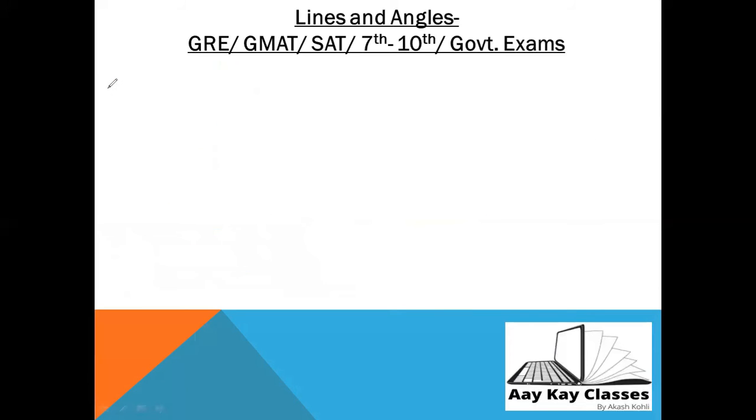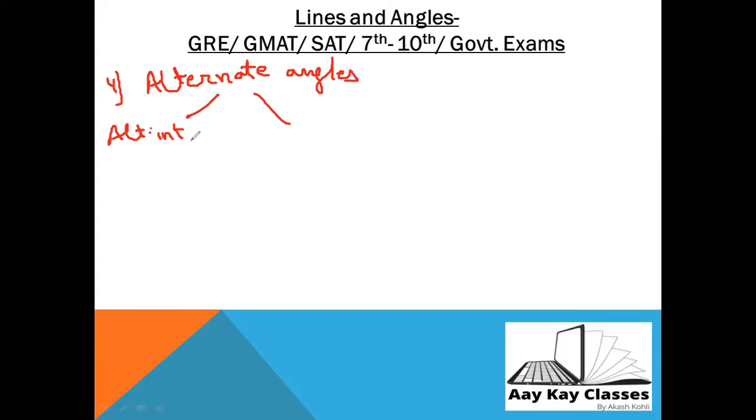So the next pair, the fourth one, is alternate angles. In alternate angles, we have two categories. The first one is alternate interior angles and alternate exterior angles.